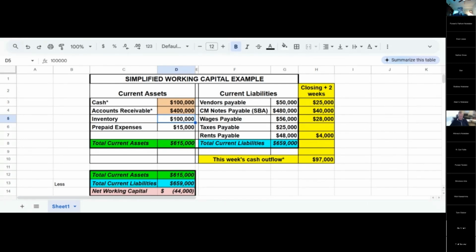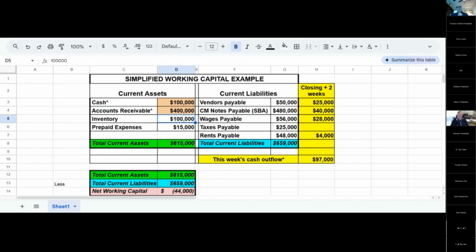And so the buyer was stuck with 6 weeks worth of expenses without having a single dollar of receivables coming in to fund them. That was a big surprise. And it was because the working capital definition was really, really loose and not well thought out.